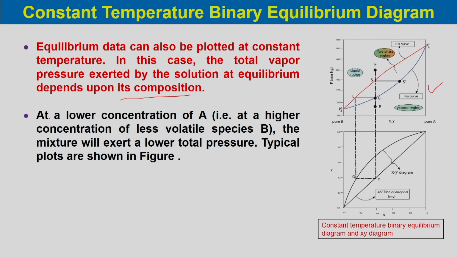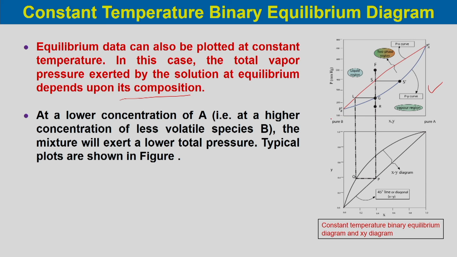So, as we said, at a lower concentration of A, that is at a higher concentration of the less volatile component B, the mixture will exert a lower total pressure. So, you could see the Px curve, that is total pressure versus x, or total pressure versus y curve.